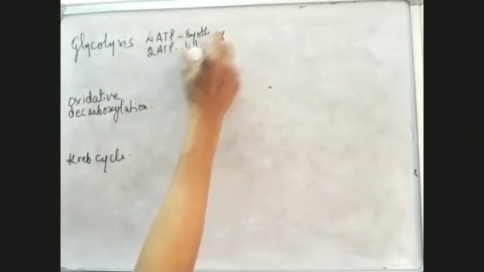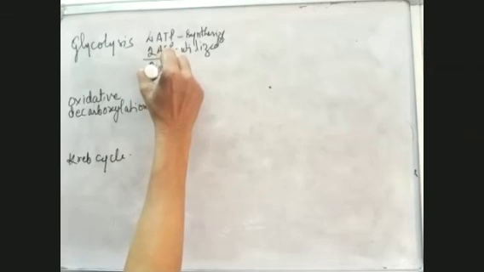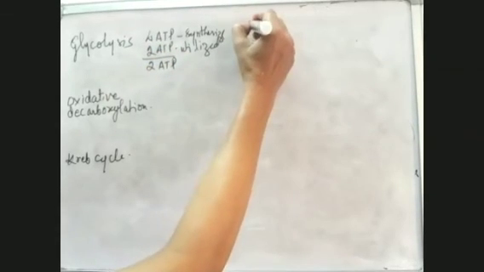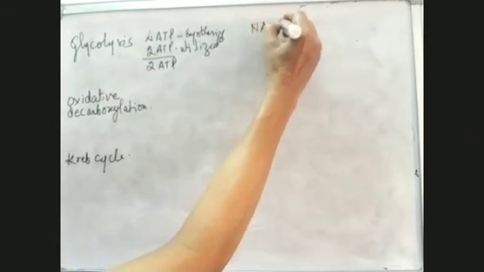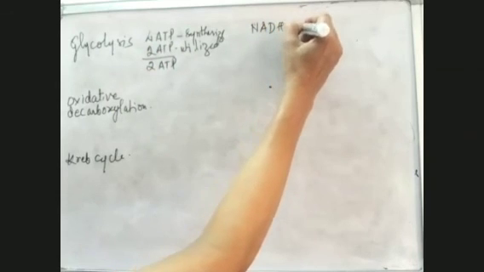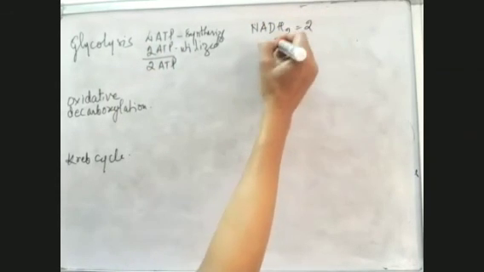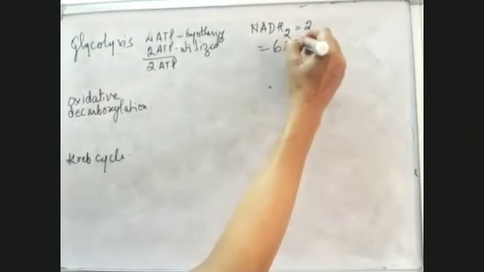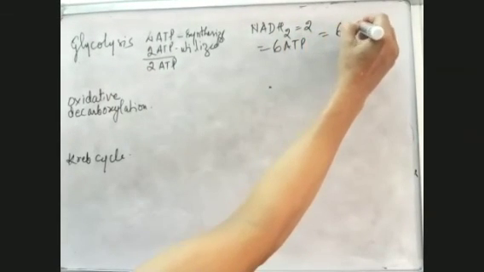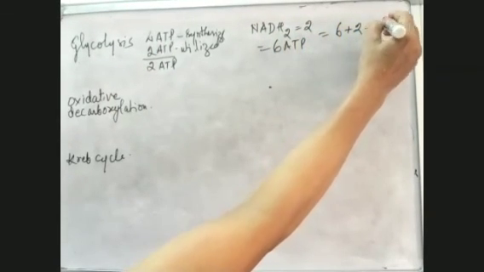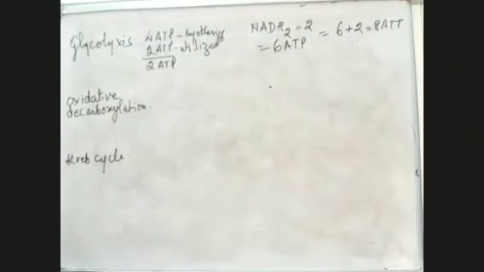So because of this utilization, we got only two ATPs. So ATP is 2, and NADH2, how many were produced? 2. So ultimately it gives 6 ATPs. So in all we got 6 plus 2, 8 ATPs were produced in glycolysis.